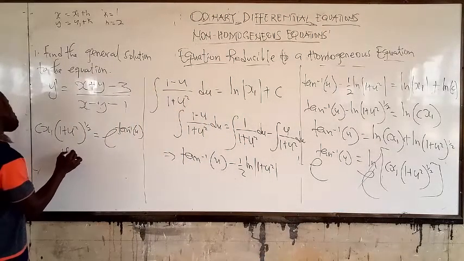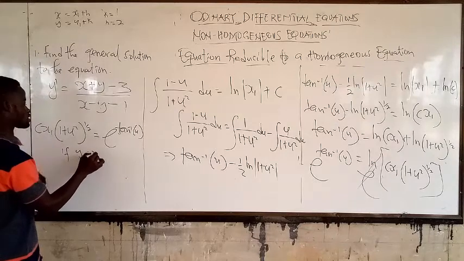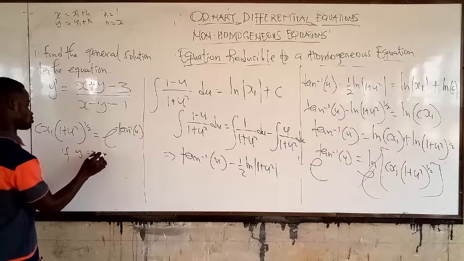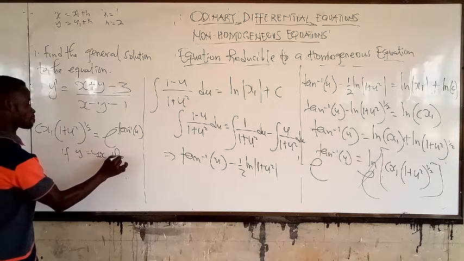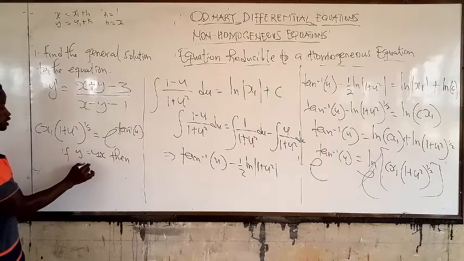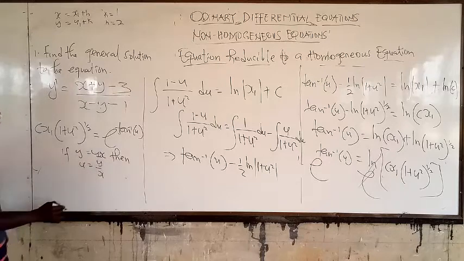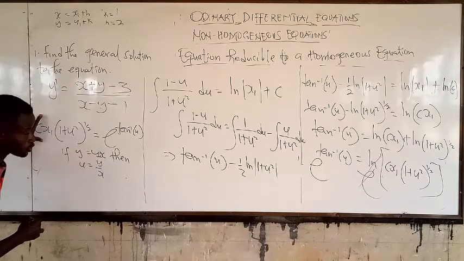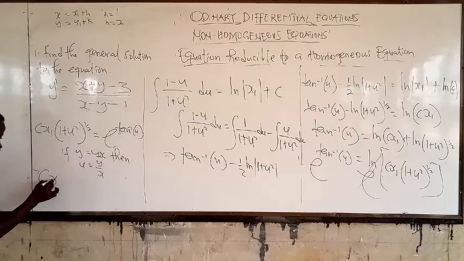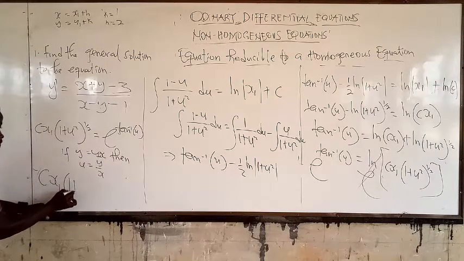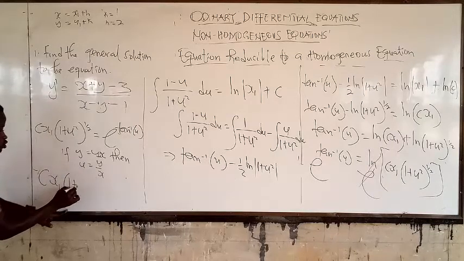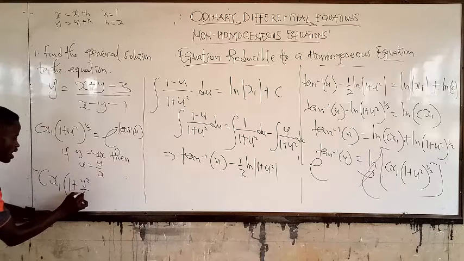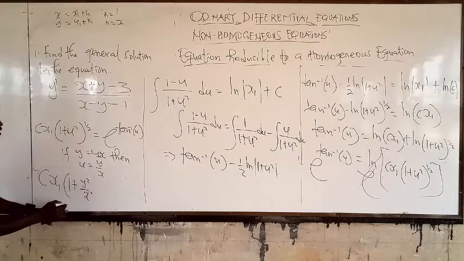if y is equal to ux, then u is equal to y over x. So by substitution, watch. We have another substitution to do here. 1 plus u squared becomes 1 plus y squared over x squared.